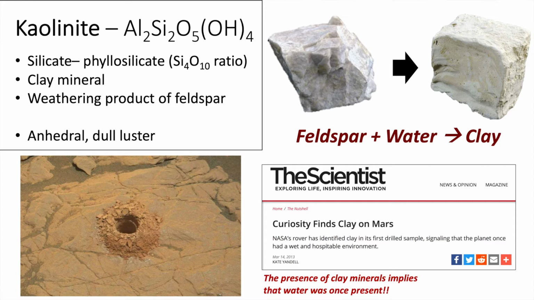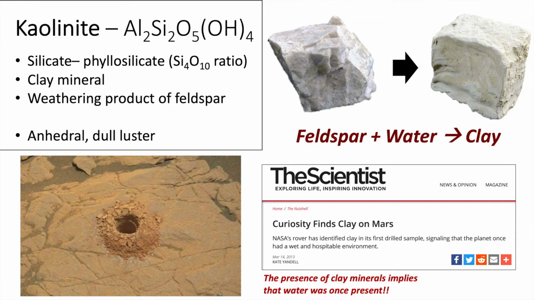And so this reaction of feldspar and water to form clay is really important, especially when we think about other planets such as Mars. One of the things that the rover Curiosity has found on Mars is some of these clay minerals.